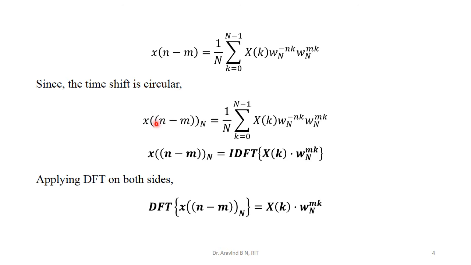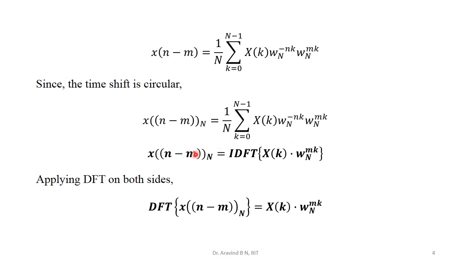Therefore, we have the representation x of n minus m with respect to N. That is the circular representation of the time shift property. That will be equal to 1 by N summation k is equal to 0 to N minus 1 X of k omega N to the power minus nk omega N to the power mk. The right hand part remains as it is.